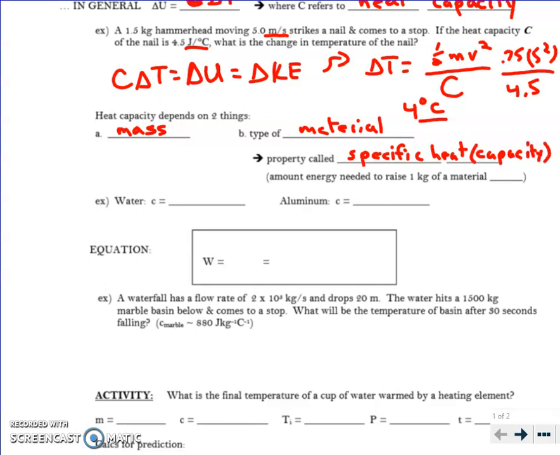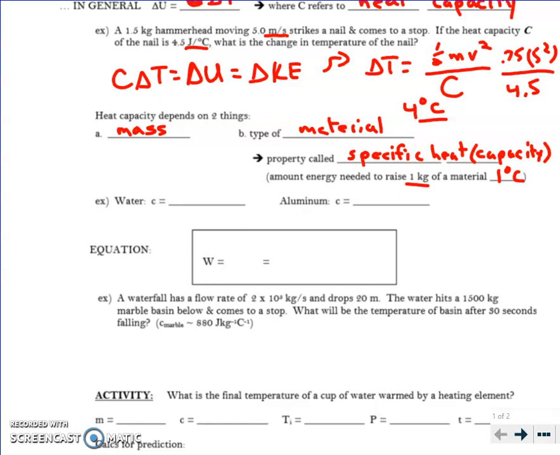And the definition is the amount of energy needed to raise 1 kilogram of material 1 degree Celsius, or 1 degree Kelvin, because changes in Celsius and changes in Kelvin go hand in hand, as we saw earlier. Whereas heat capacity is the amount of energy needed to raise a material 1 degree Celsius, okay? And that depends on both the mass and the material.